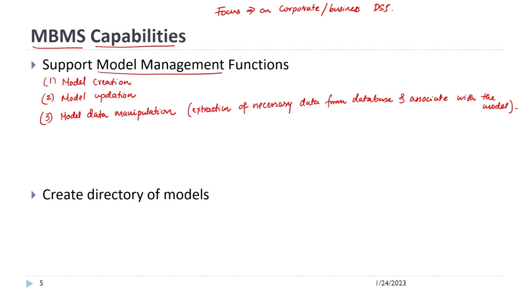So, in this model data manipulation, you extract whatever data is necessary from the database as per the requirement of the model, and then you associate it with the model, so that the model can run on the data and come up with a meaningful output.